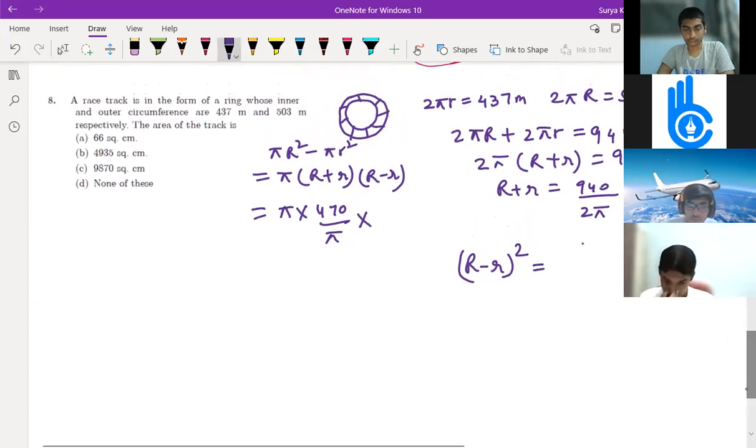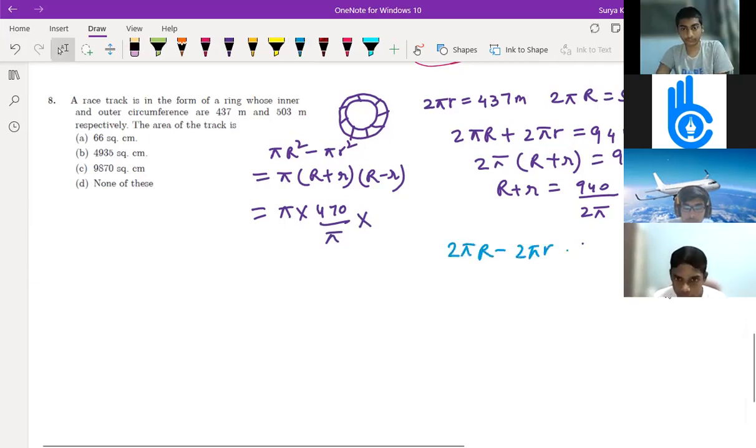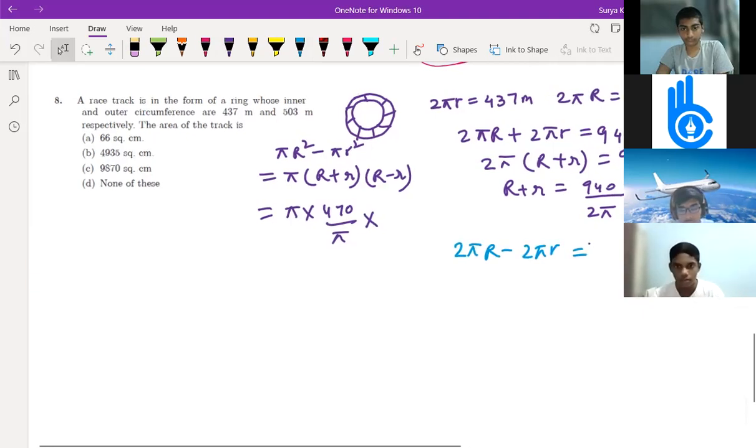R minus r also you can find by the same formula only, children. We can do it this way. 2 pi R minus 2 pi r is 503 minus 437, which is 66.